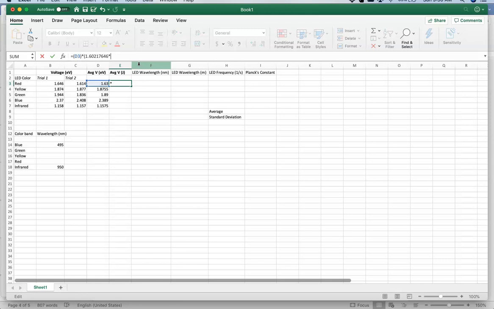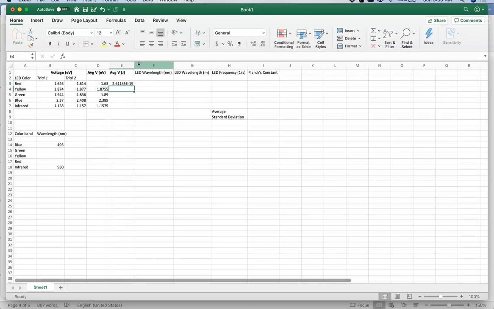Multiplication in Excel is the asterisk. So times 10 caret negative 19. Excel will understand that. And we can check on our calculator, but there we go. We've actually converted electron volts to joules. It's not as explicit as our conversion factor, but that's why it's good to write it out explicitly beforehand.